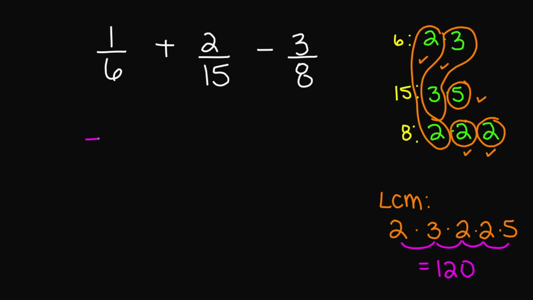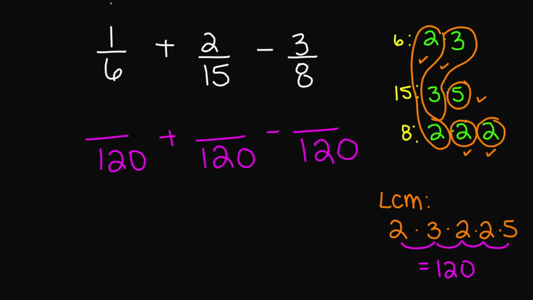So that means I need to get 120 in my denominator so that we can add or subtract. So let's look at our first fraction here, 1 over 6. What number do I need to multiply my 6 with that's going to give me 120 in my denominator? If I multiply top and bottom here by 20, that is going to give me 120 in my denominator.